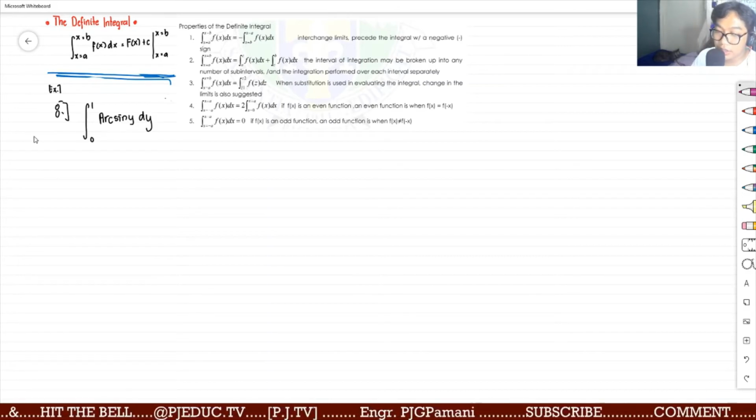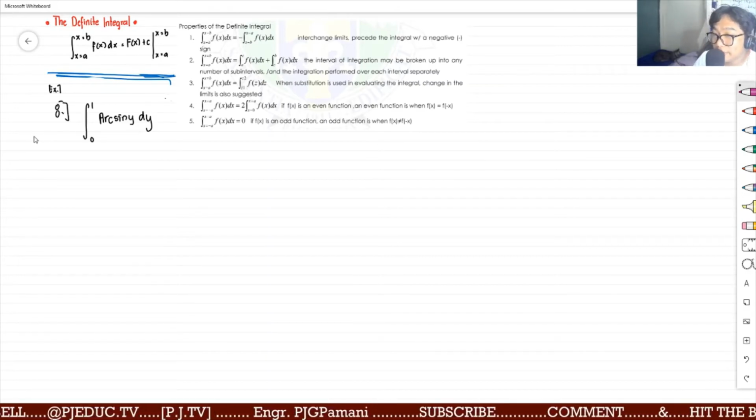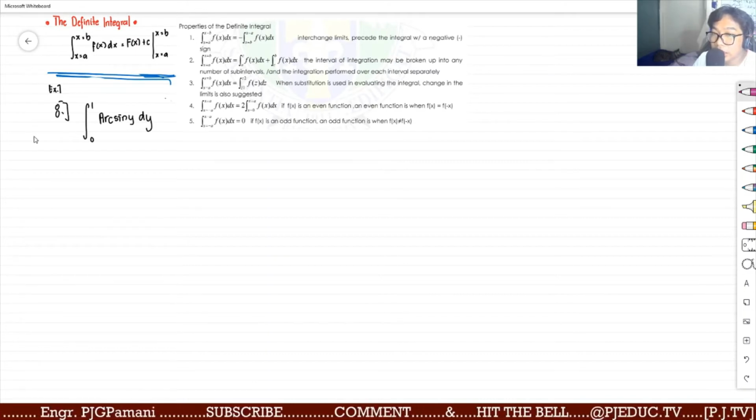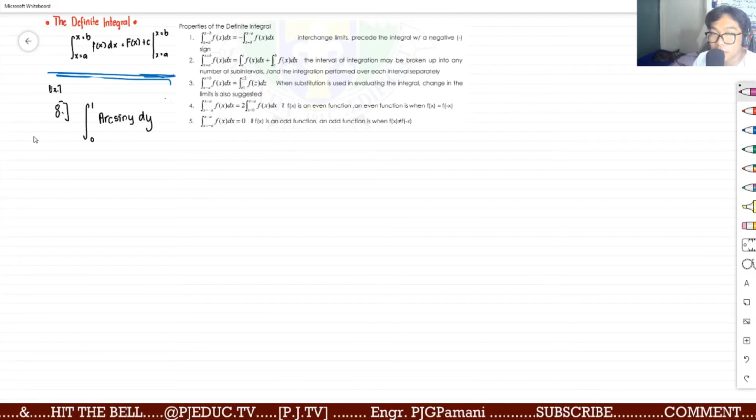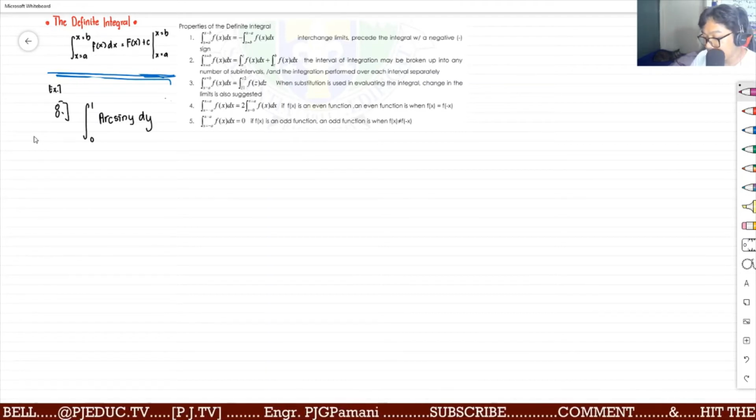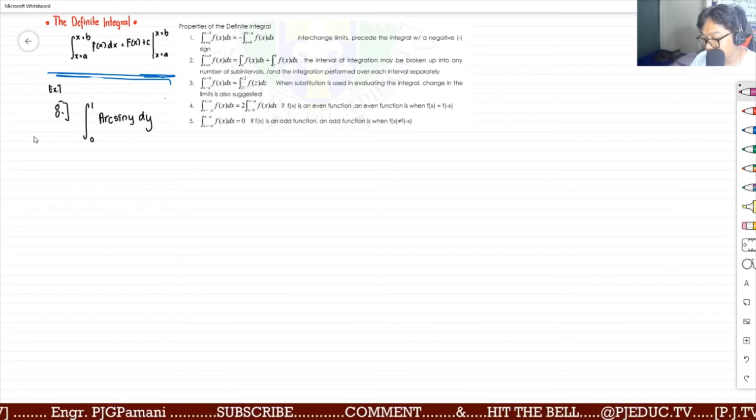You can use substitution, but your work will be longer, right? You would also need to substitute new lower and upper limits based on the given property for definite integrals. But there is another method to solve this one. Remember your integration by parts.